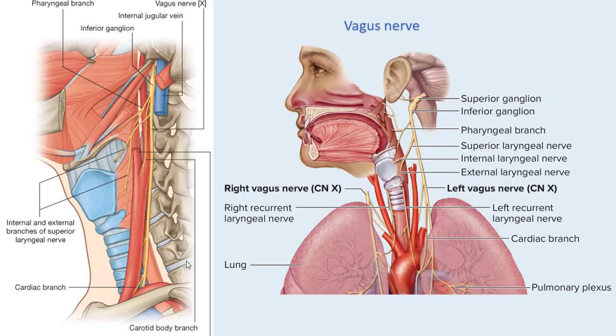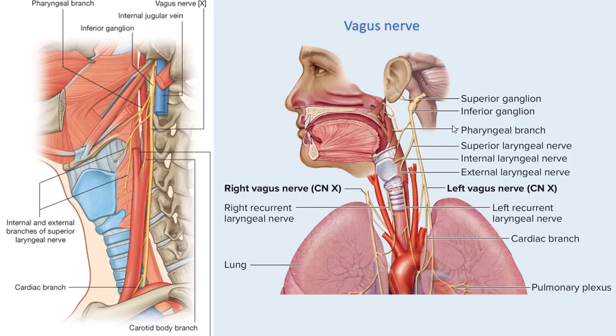The right vagus nerve passes anterior to the subclavian artery and posterior to the sternoclavicular joint, then entering the thorax. The left vagus nerve passes inferiorly between the left common carotid and left subclavian arteries, posterior to the sternoclavicular joint, then entering the thorax. Several branches arise in the neck.